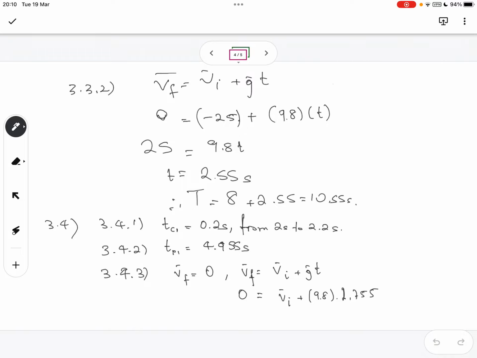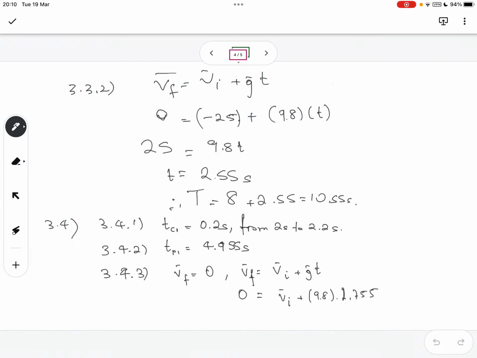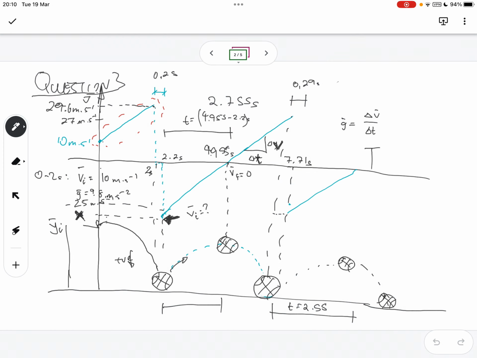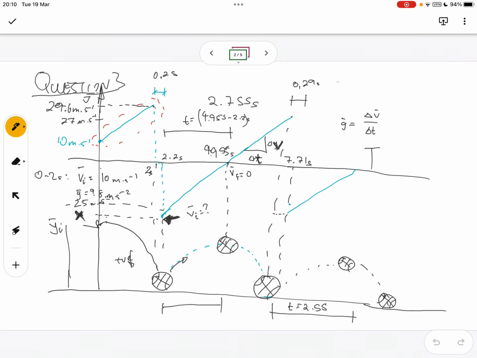If you check slide 4 of our Jamboard, I've already put it down there. 2.755. Velocity initial plus g times t, it should be 2.755. Let's think about it this way.